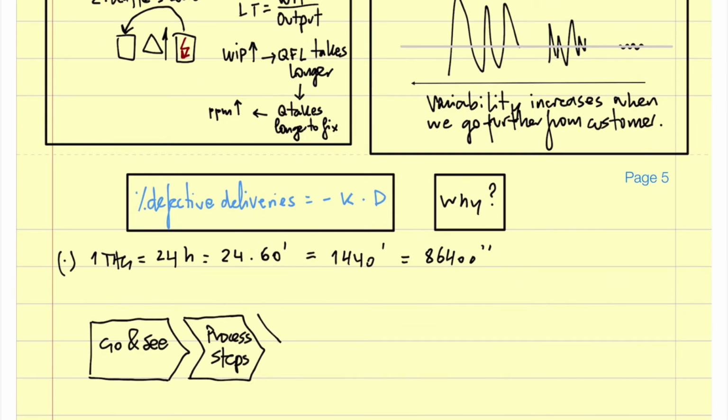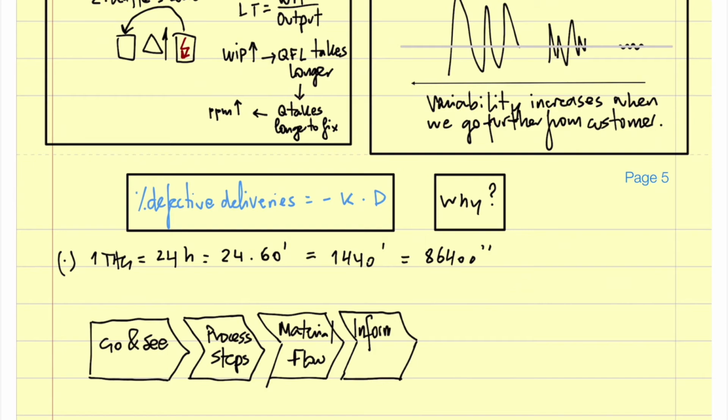Then we go and put the material flow. The next natural step is what? Well, the information flow. The information flow. And this is exactly what we do now.